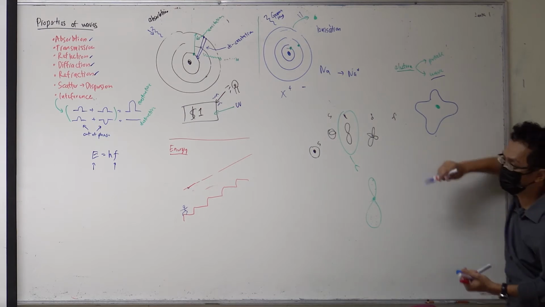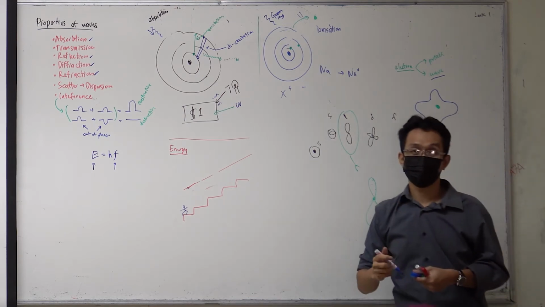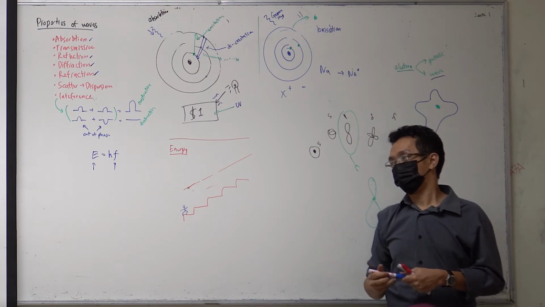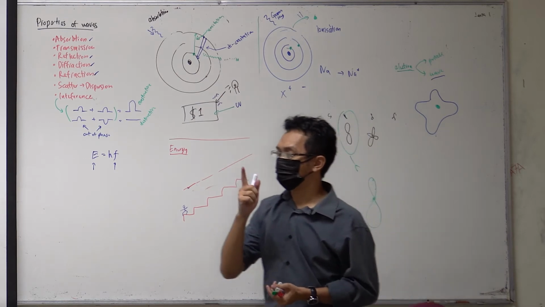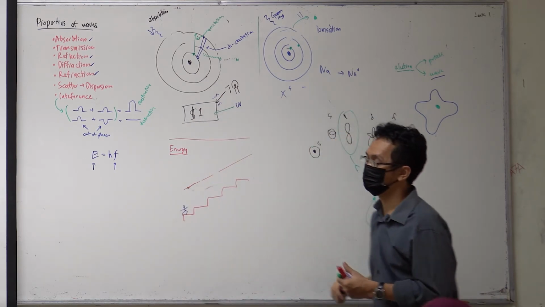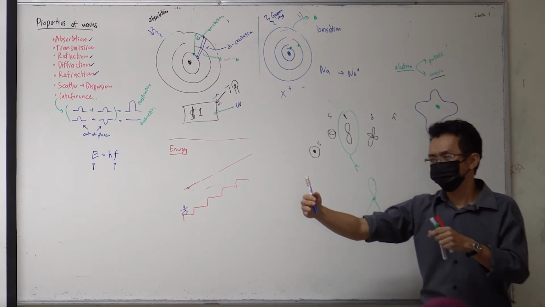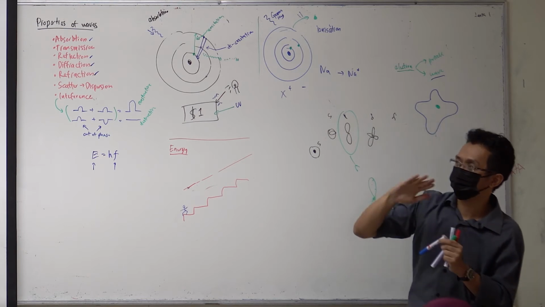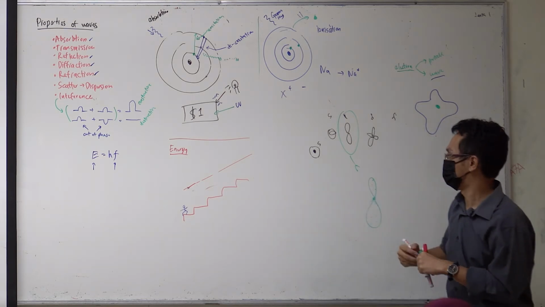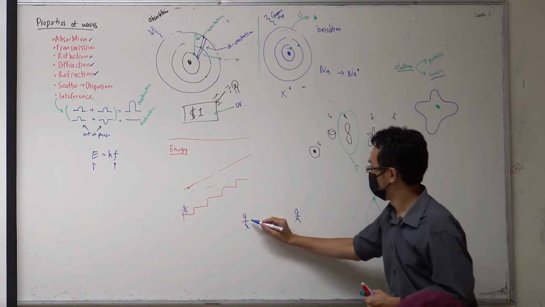Remember in the last class we learned about the standing wave, when Erika and Rifdi did this. We see that when you feed a certain energy, only certain standing waves will occur. For example, this is Rifdi, this is Erika in the last class.